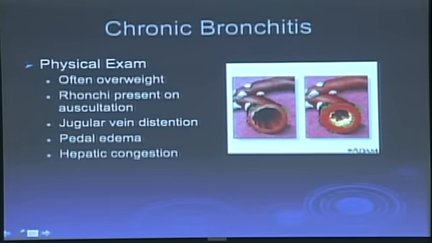Physical exam, they're often overweight, versus pure emphysemas that are skinny and barrel-chested, skinny arms, skinny legs. They have rhonchi. What's a rhonchus? Sounds like a Ford vehicle. A rhonchus is a noisy, wet, giant rale. So it means bronchial wetness.